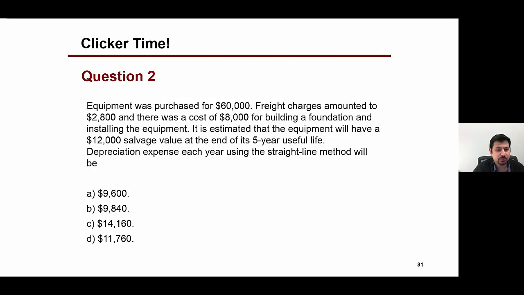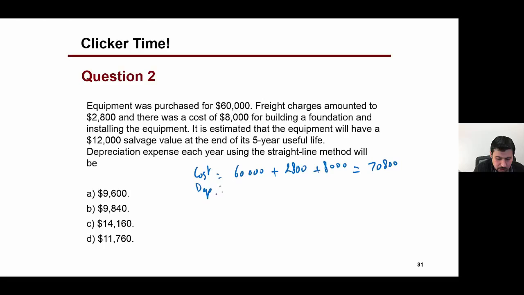We need to calculate the depreciation expense using the straight line method. First, we need to calculate the cost. Here, the cost is equal to 60,000 plus 2,800 plus 8,000. That would be 70,800.